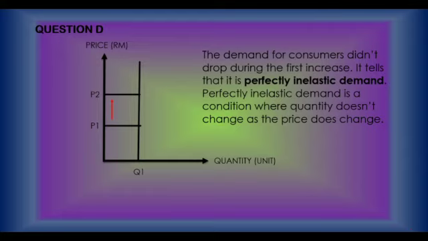It tells that it is perfectly inelastic demand. Perfectly inelastic demand is a condition where quantity doesn't change as the price changes. So as we can see in this graph, the price rises from P1 to P2 while the quantity remains the same at Q1. Thank you.